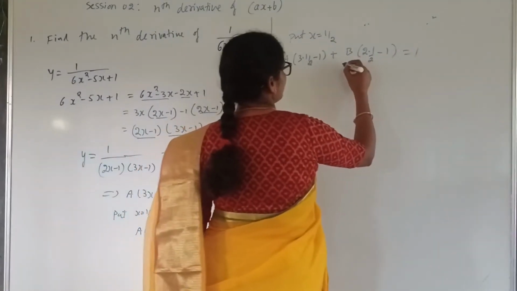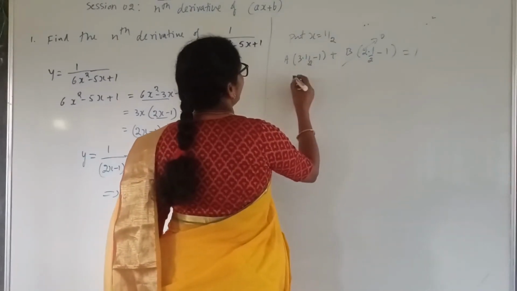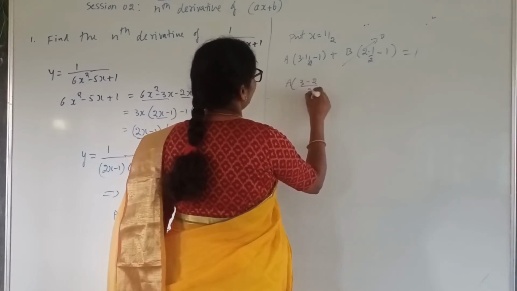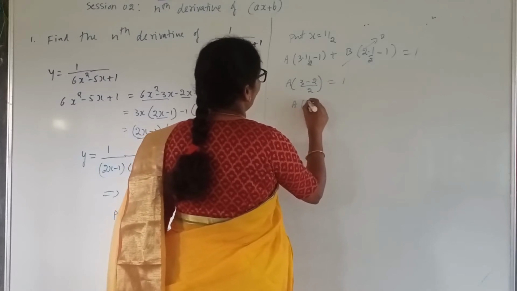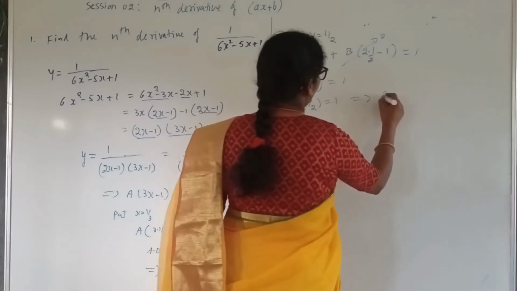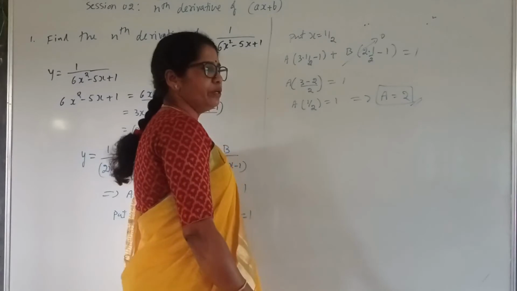Now b vanishes. b becomes 0. So you will get this as a into (3 minus 2) by 2 is equal to 1. So a into 1 by 2 is equal to 1, which implies that a is equal to 2. a is equal to 2.